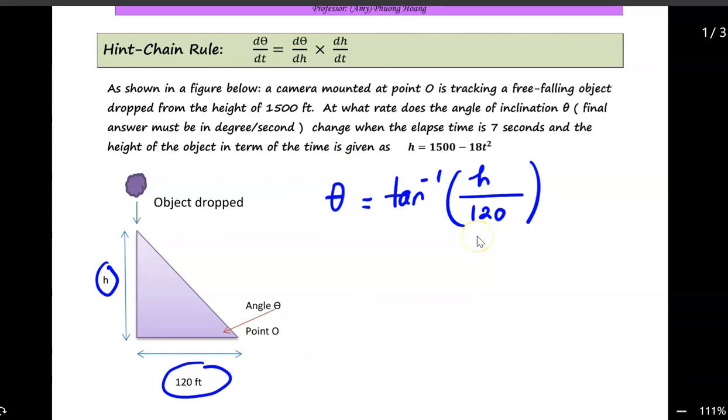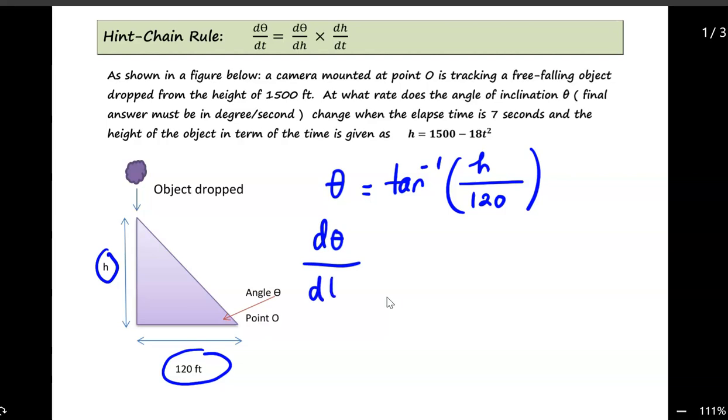So tangent to the exponent minus 1 is the symbol to figure out your angle theta, given the opposite and the adjacent. And then they ask us at what rate does the angle of inclination theta change. So in order for you to find the change in this angle theta, you have to differentiate this equation. So you are going to find the derivative of angle theta as a function of time.